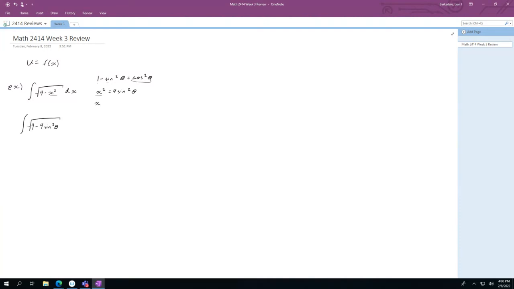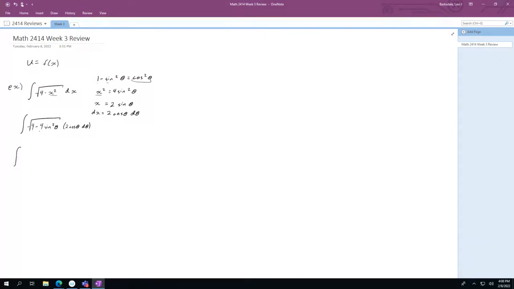Importantly, this gets me x equal to 2 sine of theta if I take the square root of each side. So my dx is now equal to 2 cosine of theta d theta. And that's the substitution I make. So now let's go through this and simplify as much as we can.